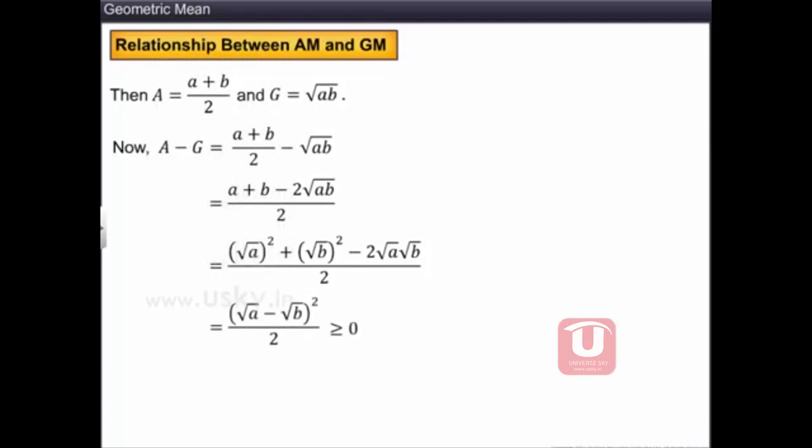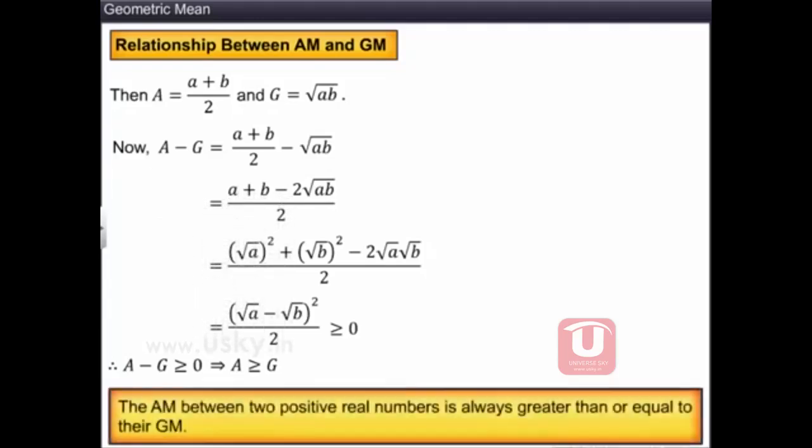Therefore, A − G ≥ 0. This implies A ≥ G. Thus, the arithmetic mean between two positive real numbers is always greater than or equal to their geometric mean.